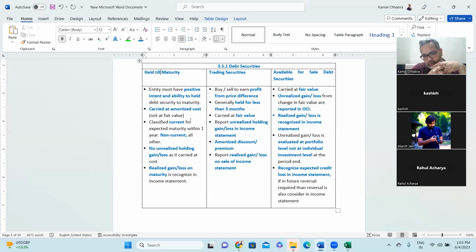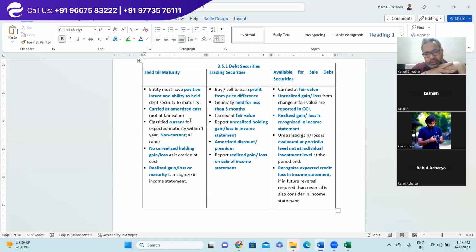That will be the cost at which you have purchased plus any brokerage or commission you have paid. Third is the classification, which could be current or non-current. When do you classify it as current? When the expected maturity is less than 1 year. When the original maturity is after 12 months, you will classify it as non-current.